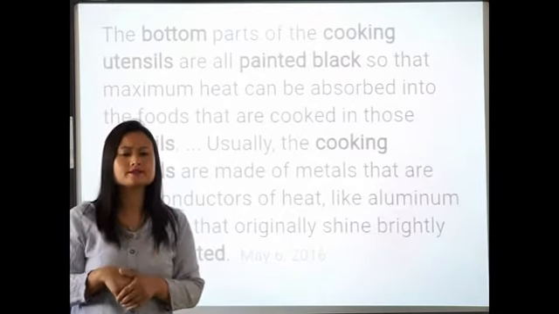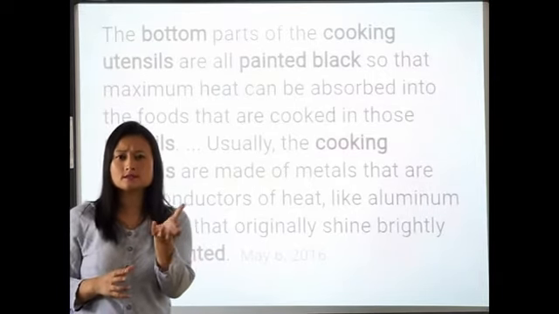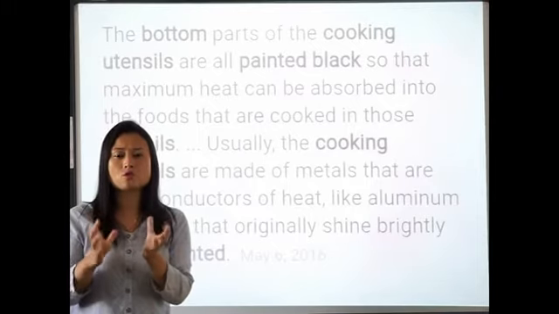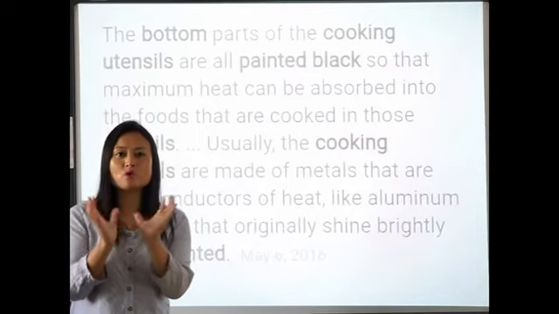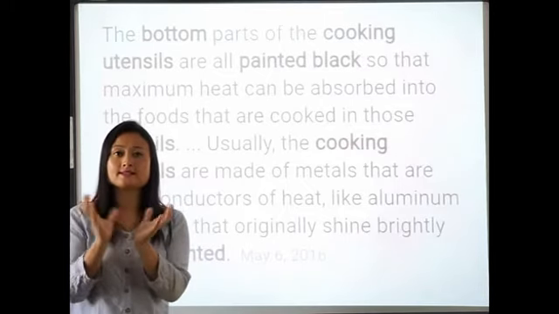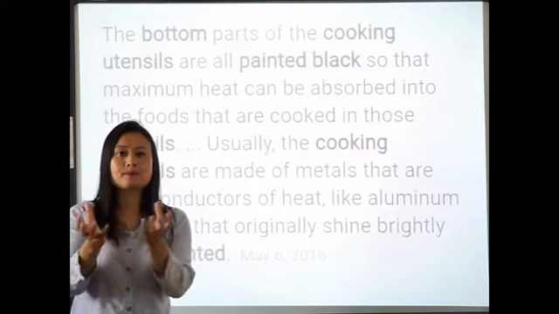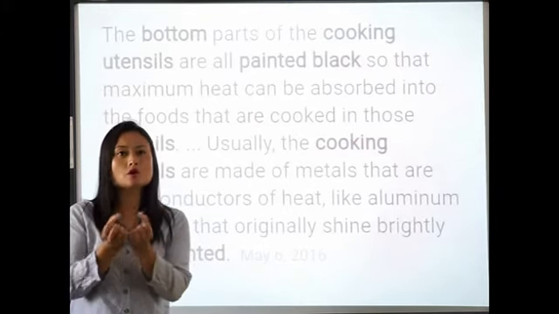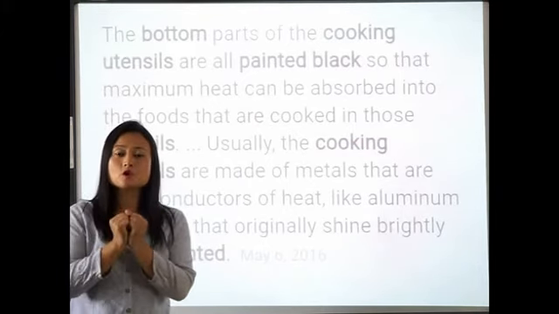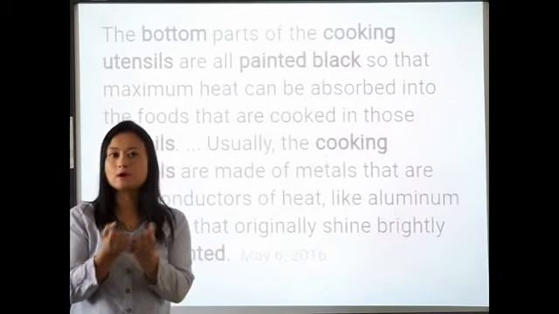And that is one reason why the utensils we use at home are painted black at the bottom. Nowadays, most utensils are painted black or dark colored at the bottom. The reason is that black or dark colors are good absorbers of heat. As you know, metals are good conductors, they will be absorbing heat.